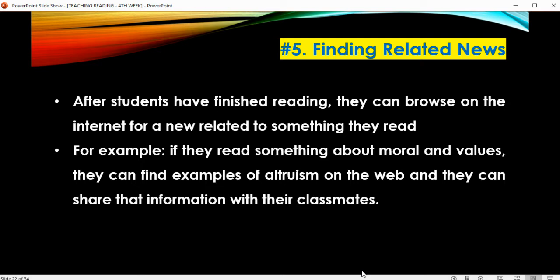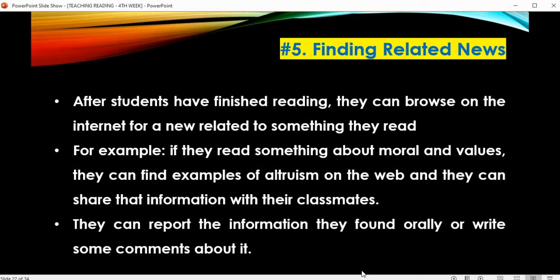So students have this new information and they share it with their classmates. They can report the information they found orally or write some comments about it. You choose what kind of skills you want to practice. If it is speaking, they are going to report orally, or writing if they are going to write some comments about it.